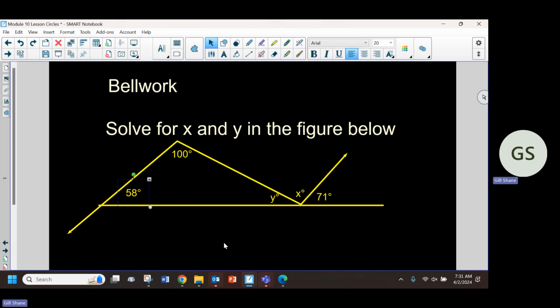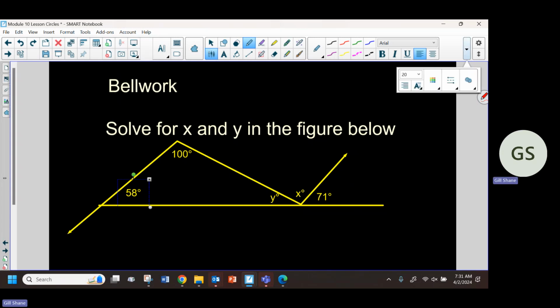It's one of those no exception things. All of the angles of a triangle added together have to equal 180.